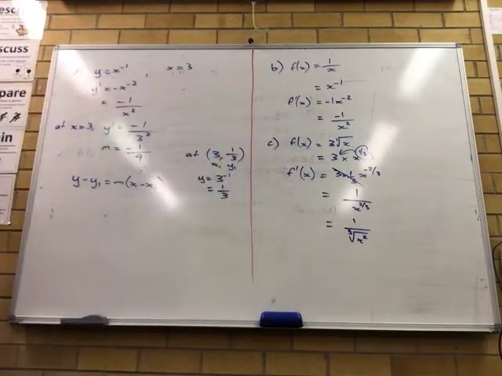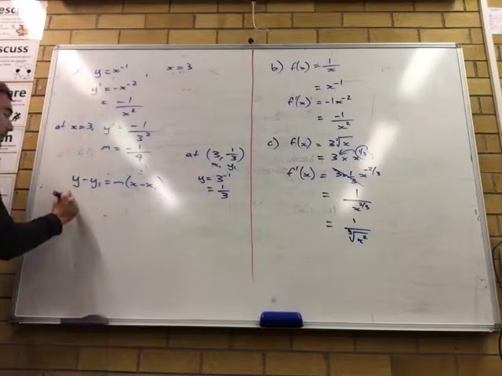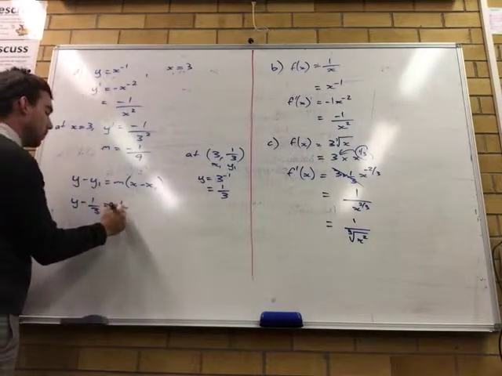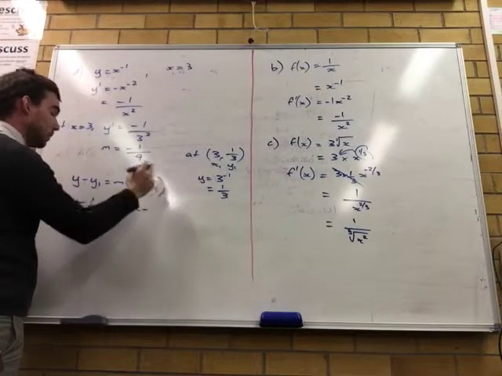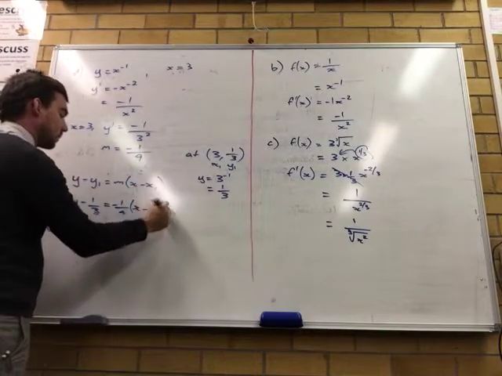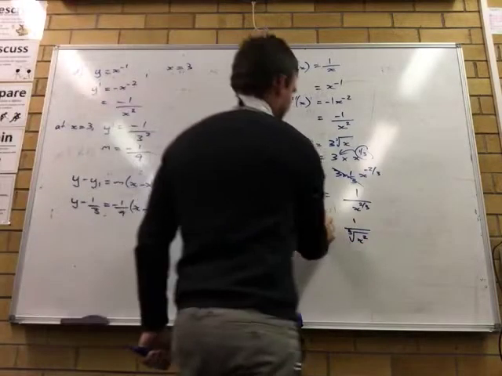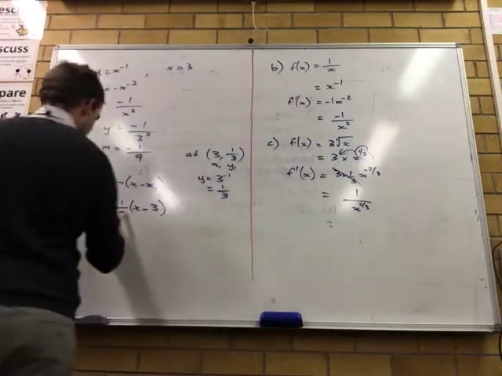So 3 comma a third is a point on the curve y equals x to the power of negative 1, which is a hyperbola. So now I have both coordinates and I have the gradient. I can now substitute into here. Right, tidy up into y equals mx plus b form.